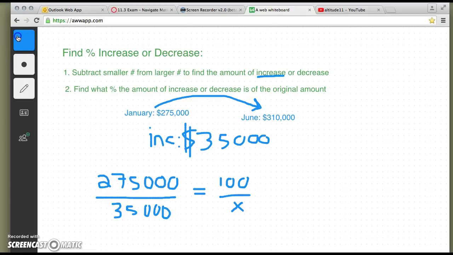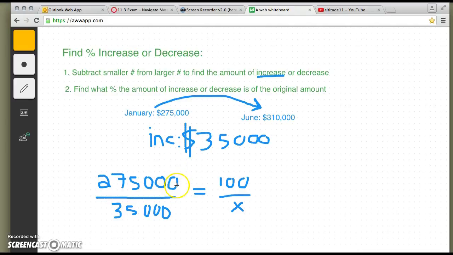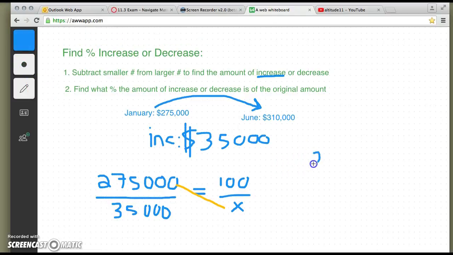So remember, whenever you set up a proportion or you have two fractions set equal to one another, we're going to cross multiply. So let's take 275,000 times x. That's going to be 275,000x.